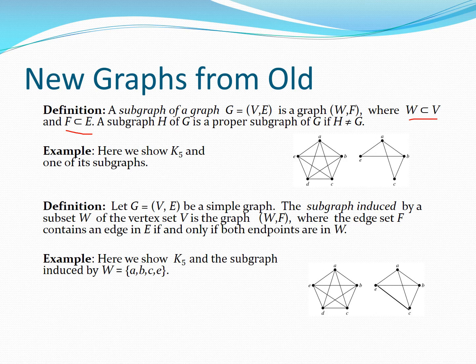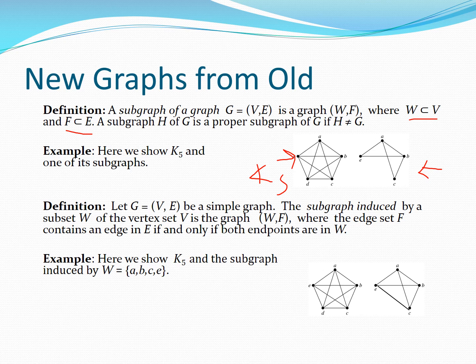In here we have been shown K5, that is your graph G, and this other graph that is shown here is a proper subgraph of the graph K5 that is shown on the left.